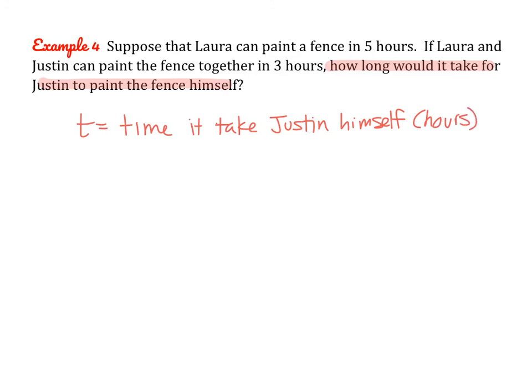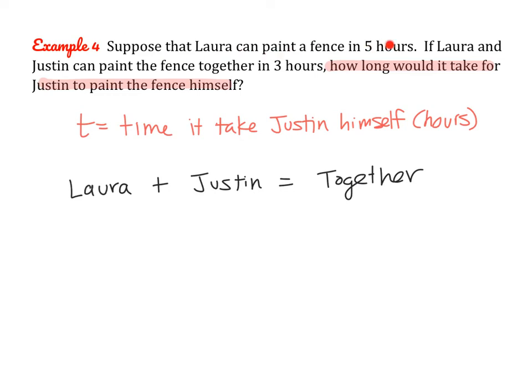So we're going to do that same setup. We're going to describe how much can get done in an hour. So there's the amount that Laura can get done in the hour, plus the amount that Justin can get done in 1 hour. And if you add those two up, it should be the amount that they can get done together in 1 hour.